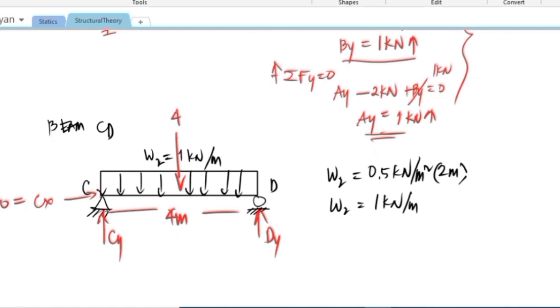That would give you 4 kilonewton resultant of the uniformly distributed load. As I said earlier, the two supports, Cy and Dy, will just share the 4 kilonewton load, since this is symmetrically loaded. So the Cy would give us 2 kilonewton upward, and the Dy is 2 kilonewton upward.